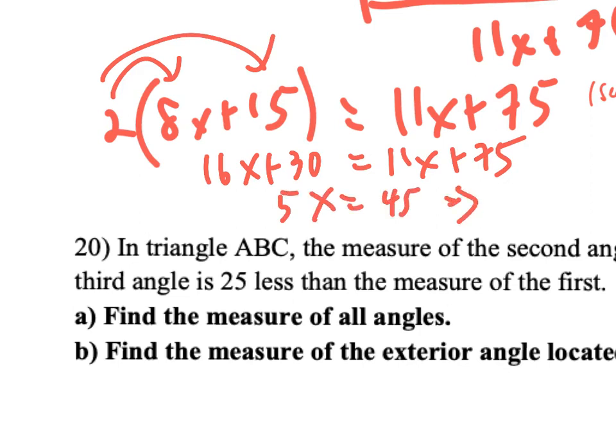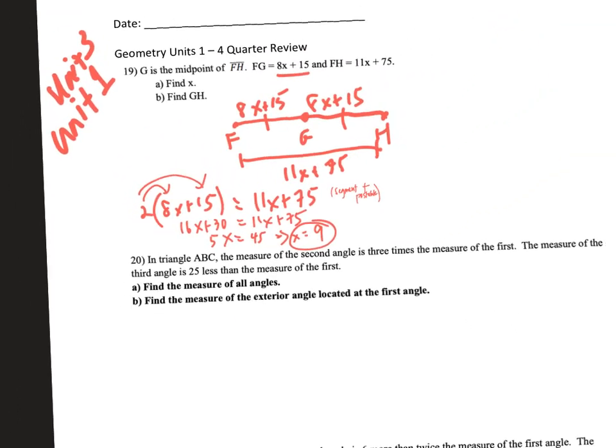I'm going to divide by 5 on both sides. Oh, don't divide by a variable. So I get x equals 9. That's part A, to find x. I'm going to label that as part A. Okay, x equals 9.